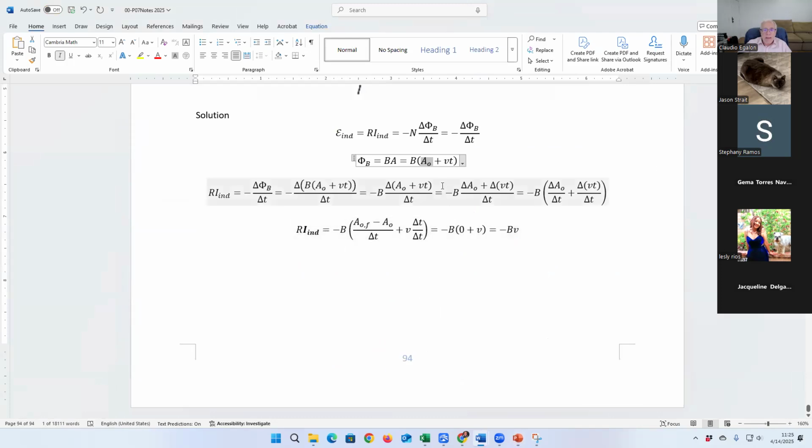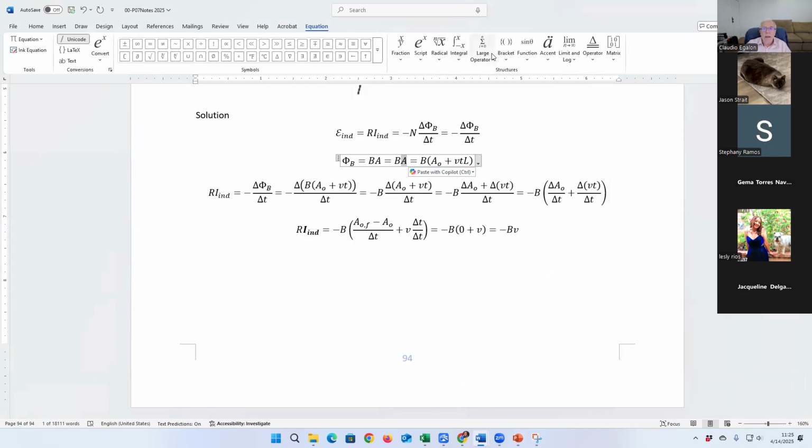Okay, vt times L. I can even write it a different way: initial area, another way of writing the same equation. Initial area plus delta area, like that.